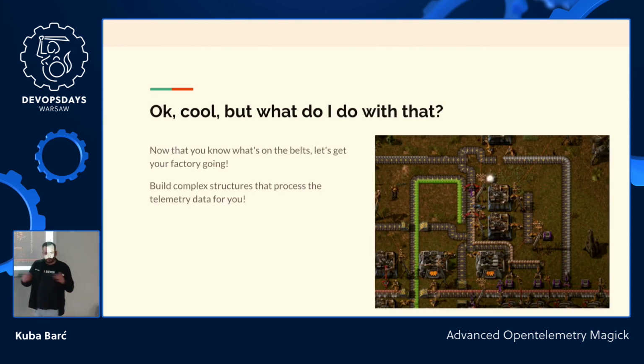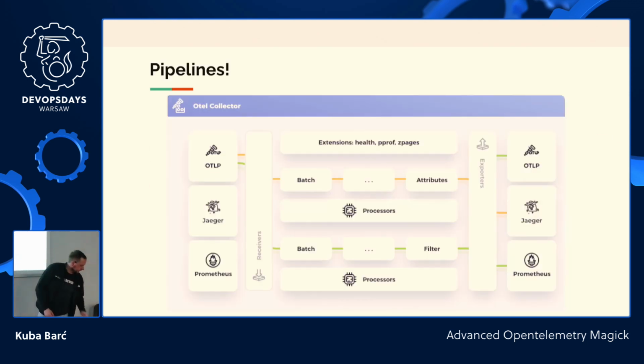Cool, so now that we know what's in the belt, let's get the factory going and build a little bit more complex structures. The way we will be doing that is we will be constructing pipelines that will process these entities that I told you about.